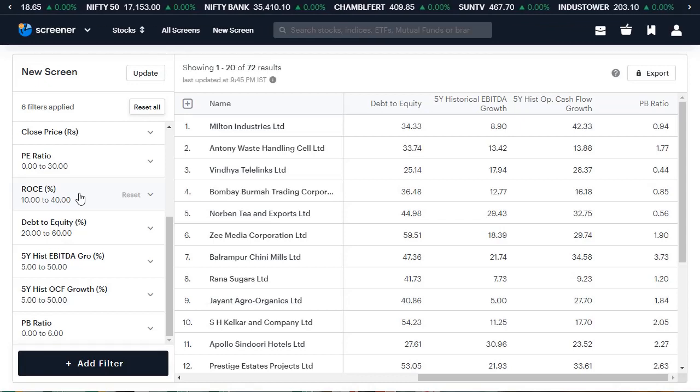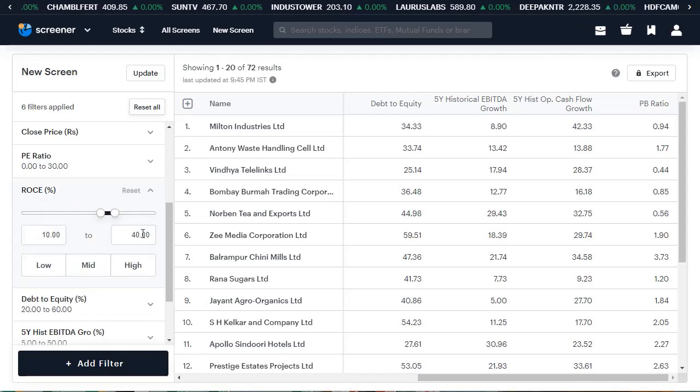The general metric for a company to have a good return on capital is a return of 10 to 40%. You can increase more depending upon your choice of the company, but I have taken a range from 10 to 40 as a general ratio.